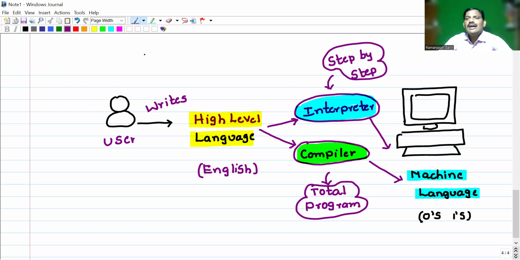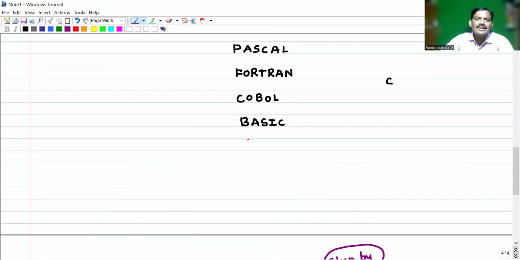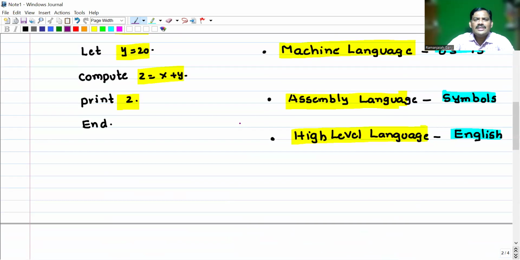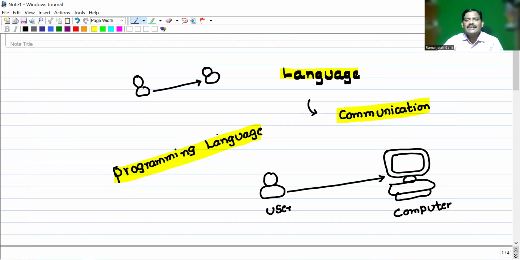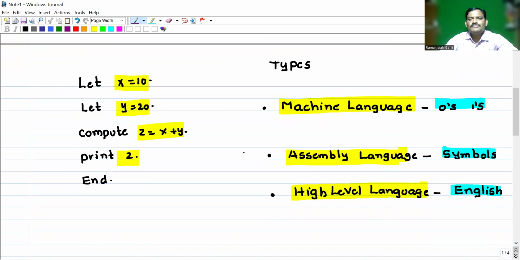Okay, right. And I told you one technical term, that is machine dependency. I told you these two languages are machine dependent languages. What is machine dependent?